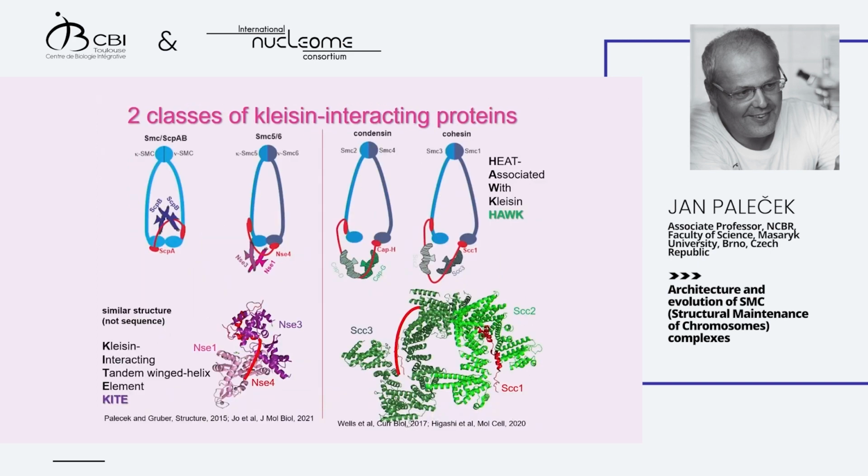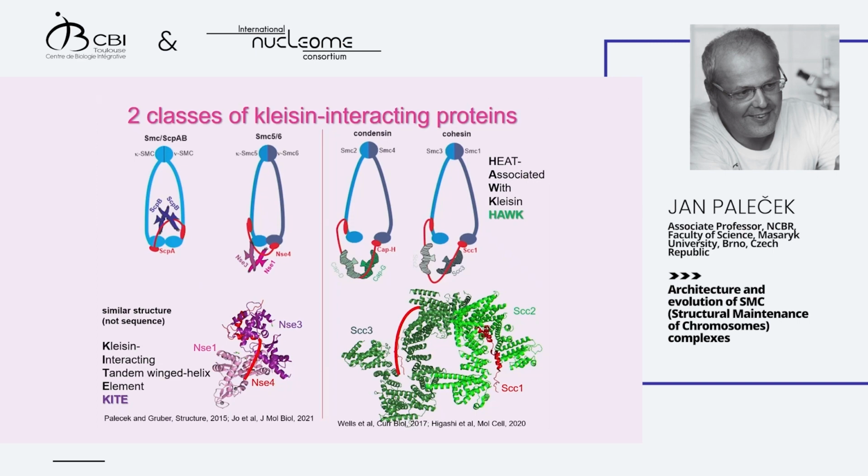This linker part, the middle part, is always associated with some regulatory subunits. In bacterial complexes, you can find subunits which we realized are very similar to the subunits NSE1 and NSE3 in the SMC5/6 complex.